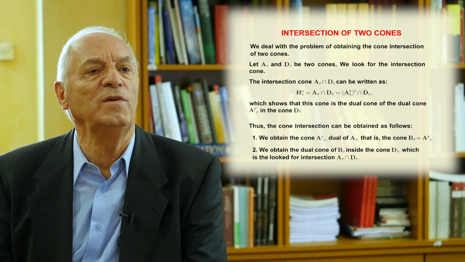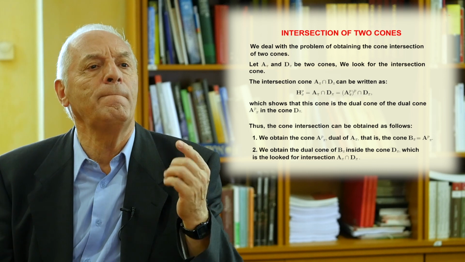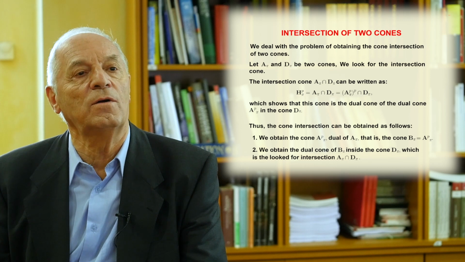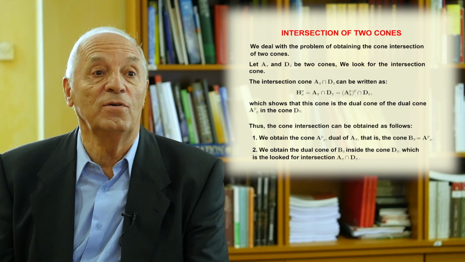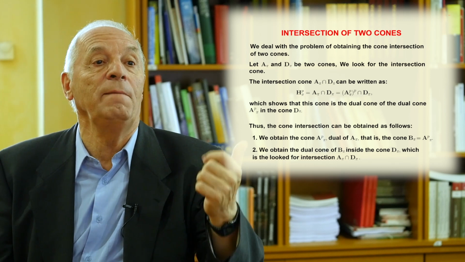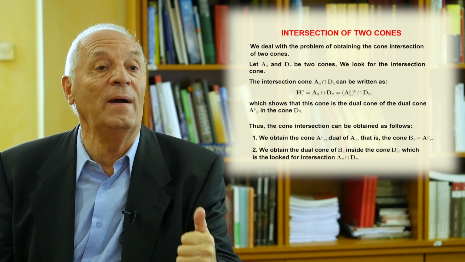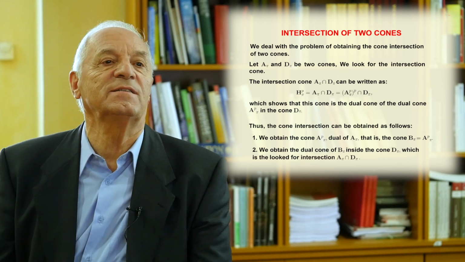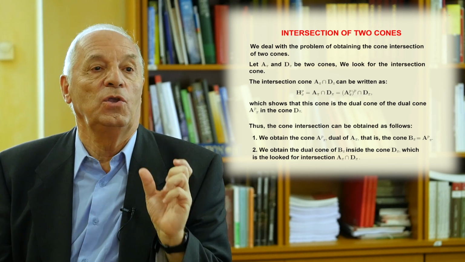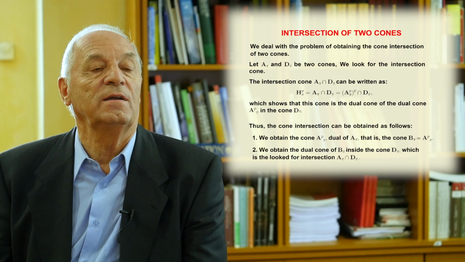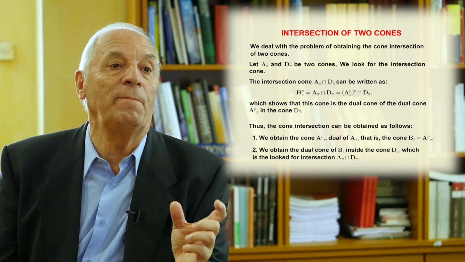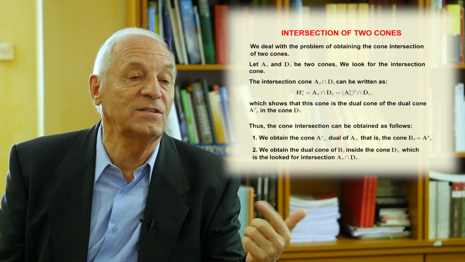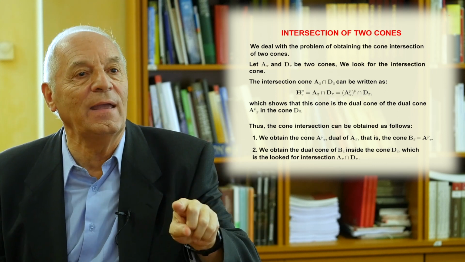Because what you need to do is first to obtain the polar of the cone A pi, and then you obtain the polar of that subspace in D pi. That means that you use the algorithm twice. The first time to obtain the polar of A pi, and the second to obtain the polar of that subspace in D pi.